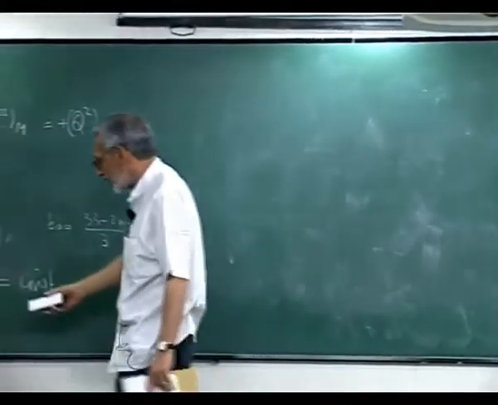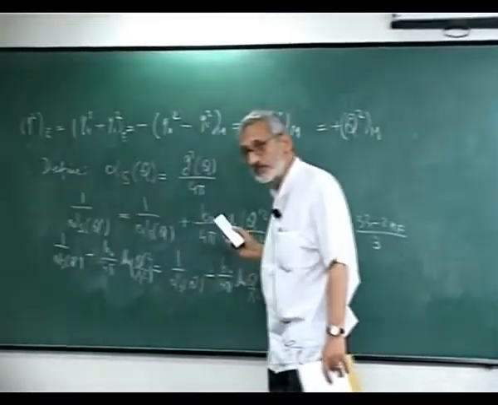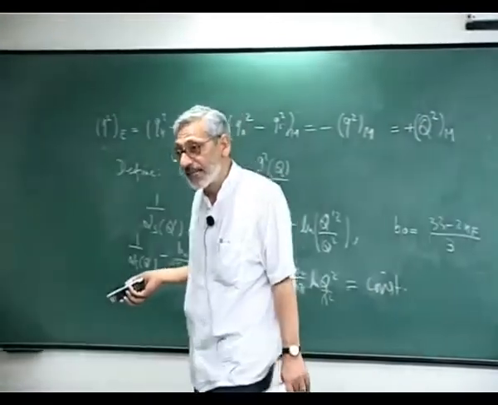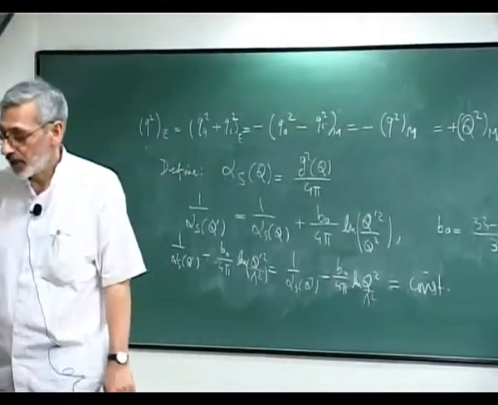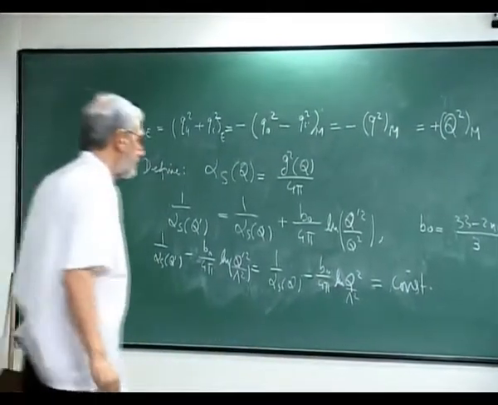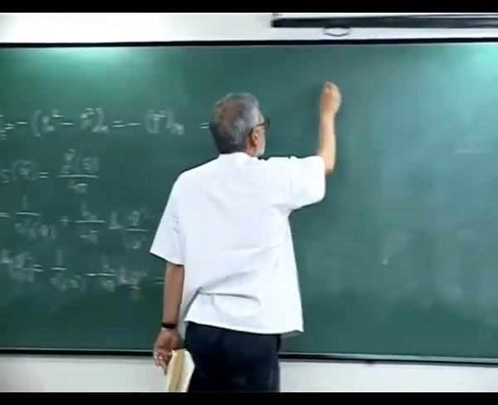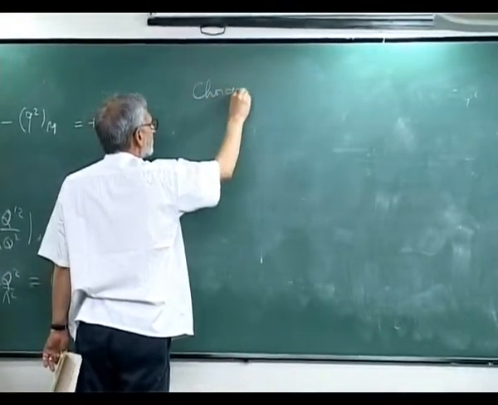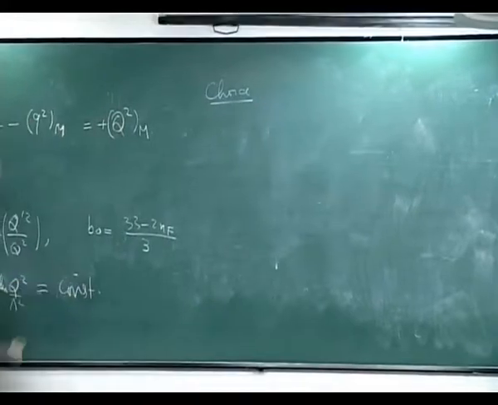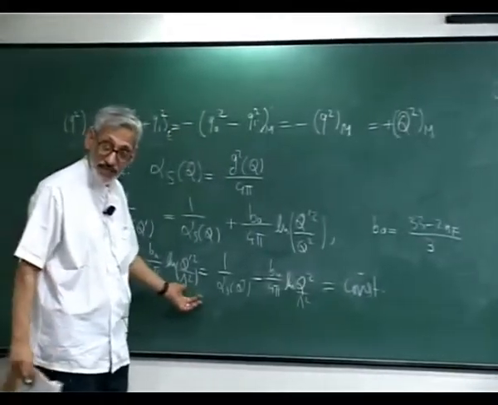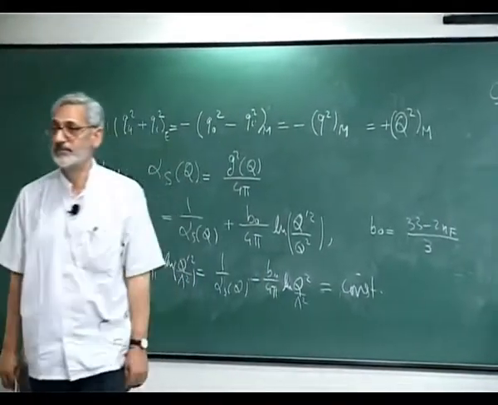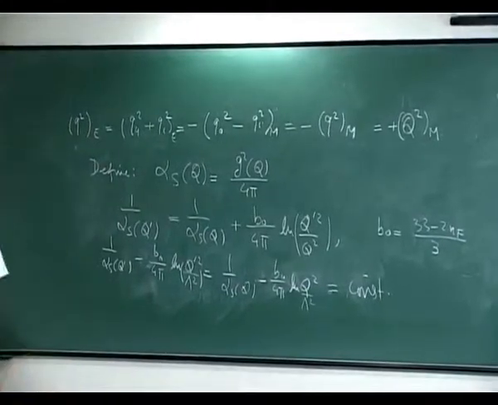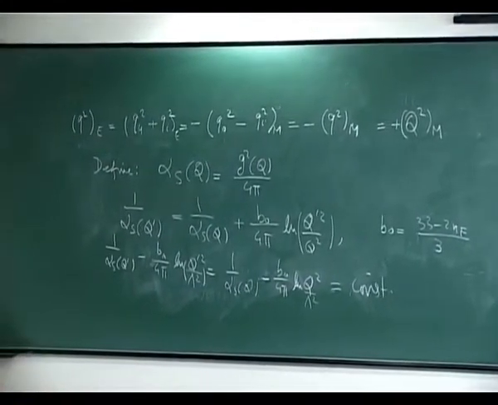Lambda is an arbitrary number, some arbitrary constant. Take lambda such that this constant is 0. Lambda is an arbitrary constant, so I can always do that.